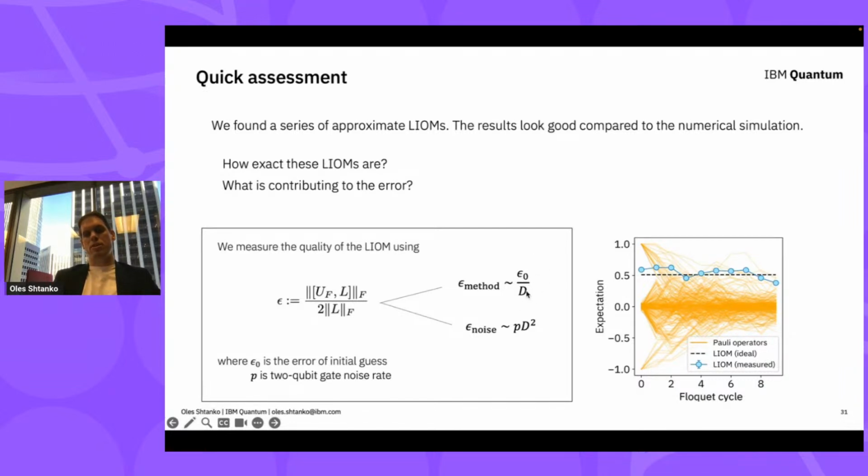So as you go deeper and deeper, this error becomes smaller and smaller. However, as you go deeper, you get a problem with noise. Noise starts infecting your system really hard, and you can show that the noise error is proportional to the noise rate times the square of the depth.